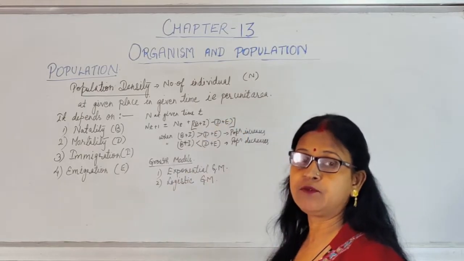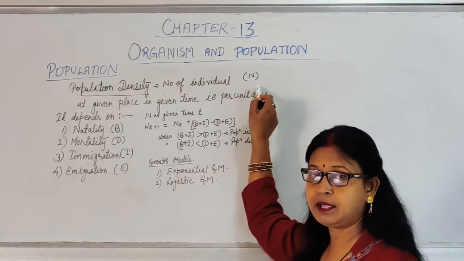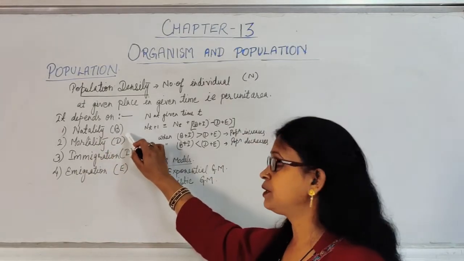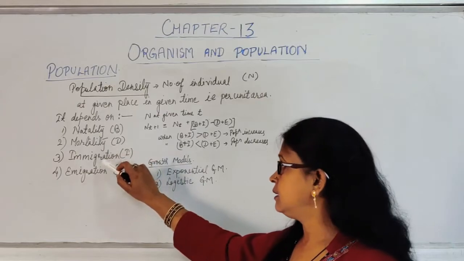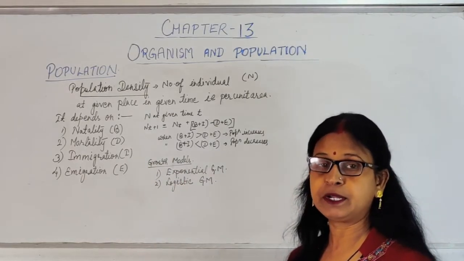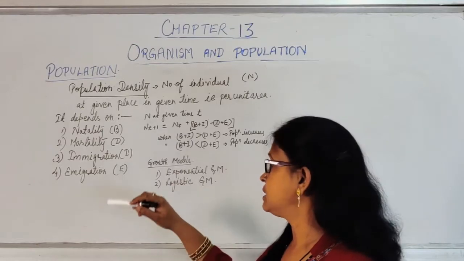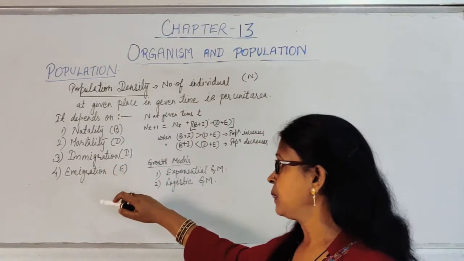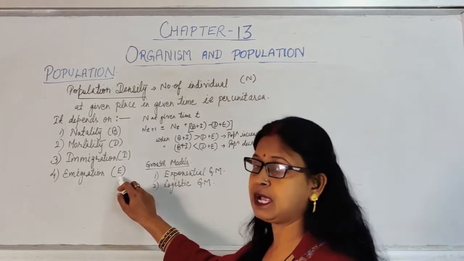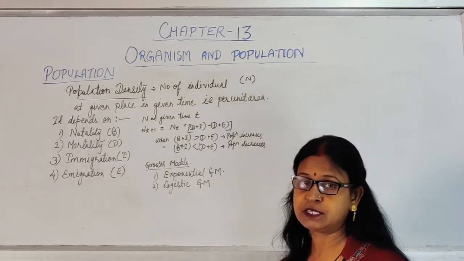That means per unit area, the total number of the population is known as population density, which is denoted by capital N. Now this population density depends upon four factors: natality, that is birth rate, denoted by B; mortality, that is death rate, denoted by D; immigration, that is individuals coming in and joining that particular population from another place, denoted by capital I; and emigration, individuals leaving that population and going out, denoted by capital E. So these four factors are responsible for change in population density.